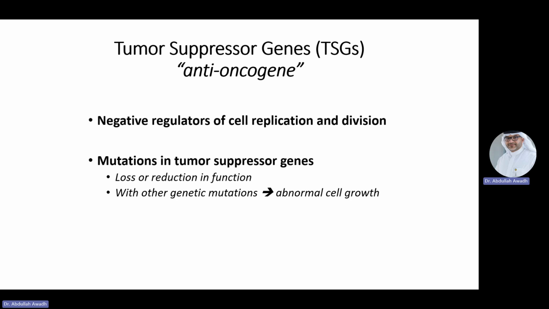So when there is a mutation in these tumor suppressor genes, it will lead to loss or reduction in function, which means the brakes are not working normally. Together with other genetic mutations, this can lead to abnormal cell growth and therefore carcinogenesis. So in principle, these are the brakes of the cell cycle.